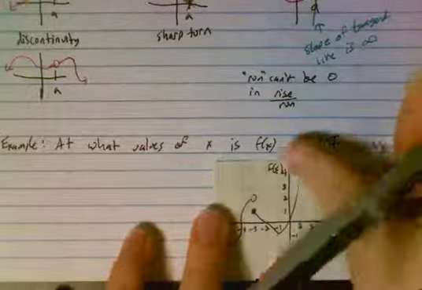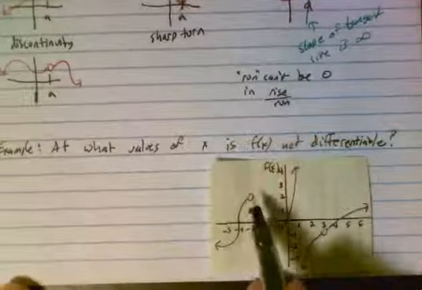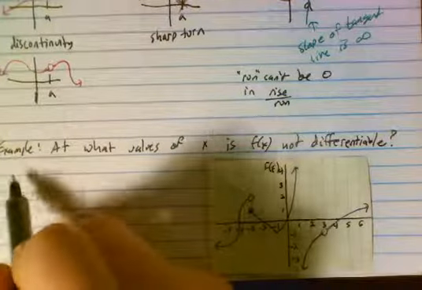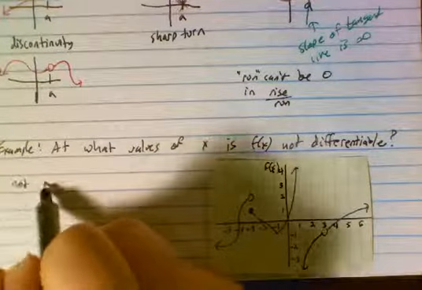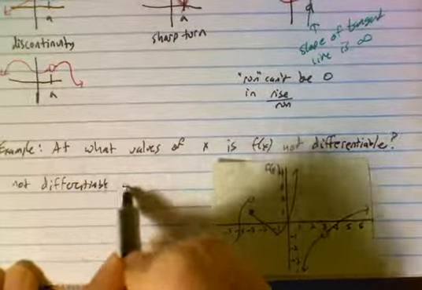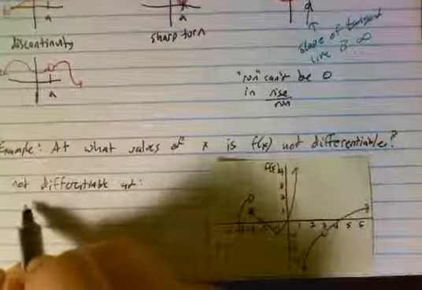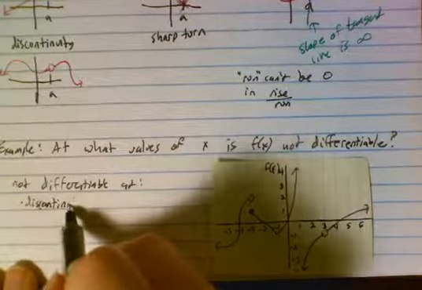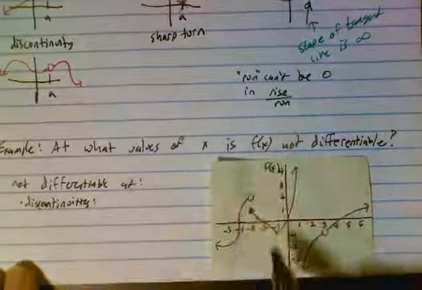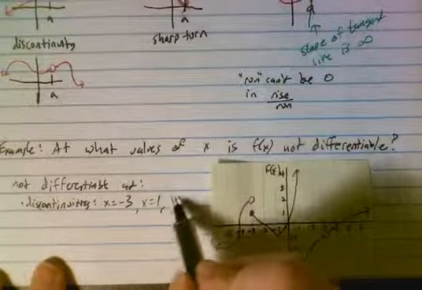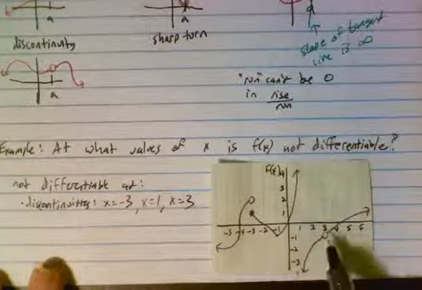And so what we're looking for is we're looking for any discontinuities. So clearly not differentiable. Discontinuities. So that would be x equals -3, x equals 1, and x equals 3 right there.